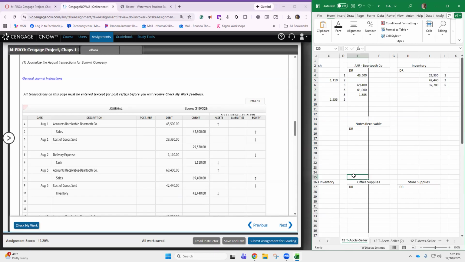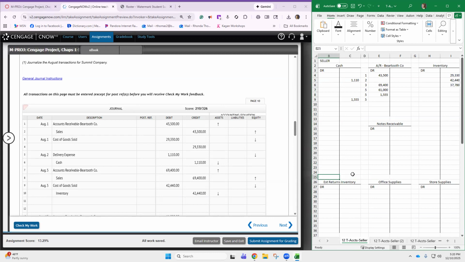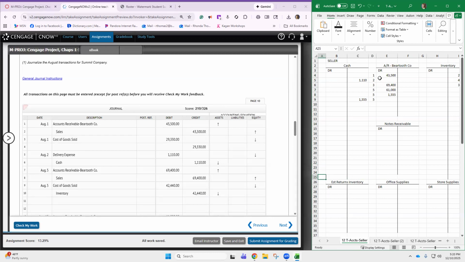All right, so the very first transaction was a sale to Beartooth of $43,500. And then we put a credit to sales. We did a cost of goods sold debit of $29,330 and inventory. I didn't put inventory here. Okay, inventory went down by the cost of what we sold.